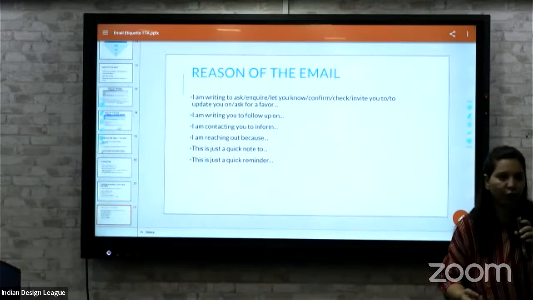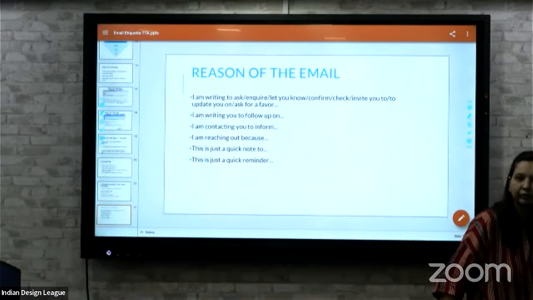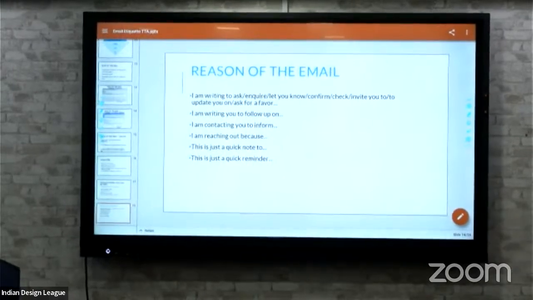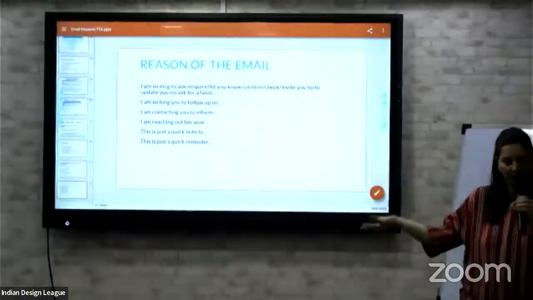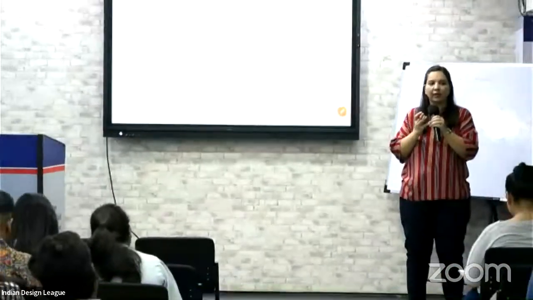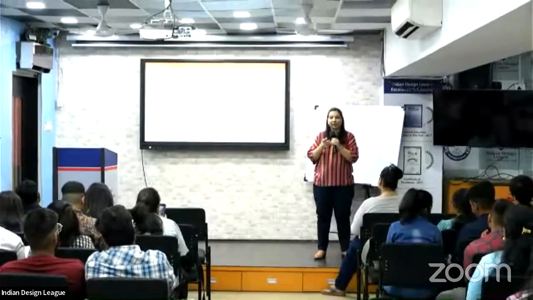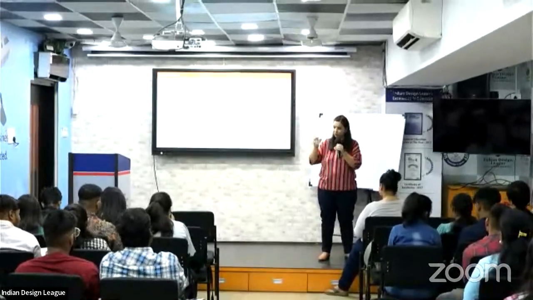What will I write here? I'm writing to. It's correct. I can directly also start with, I purchased an AC on 7th from your Viman Nagar shop. And I regret to inform you that it is not working now. I'm writing to is also correct.